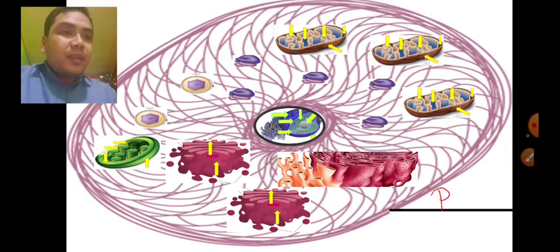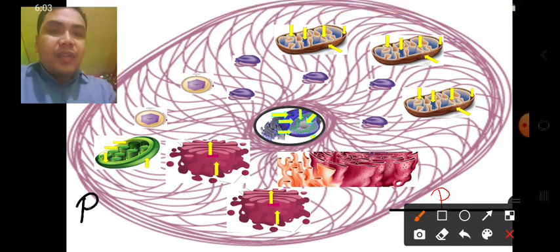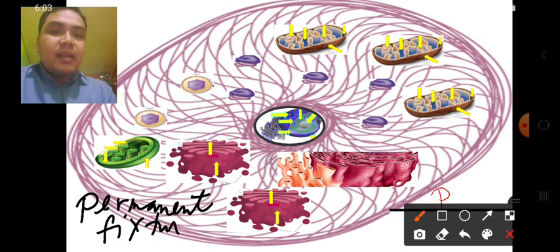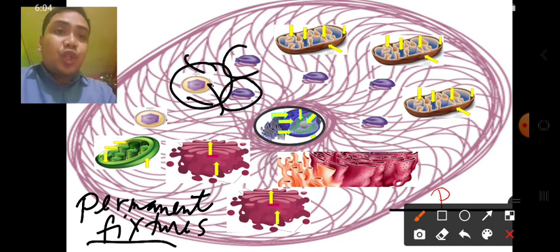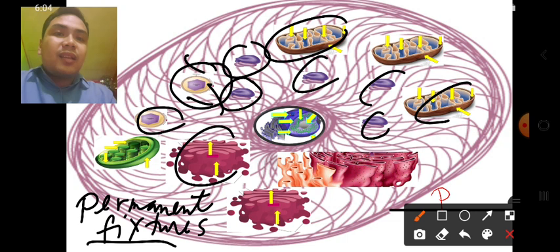Permanent fixtures. Okay, so you have this term. The major role of the intermediate filament is that they act as permanent fixtures of the cell. From the word fix, it means that it maintains the stationary position of each organelle within the cell.